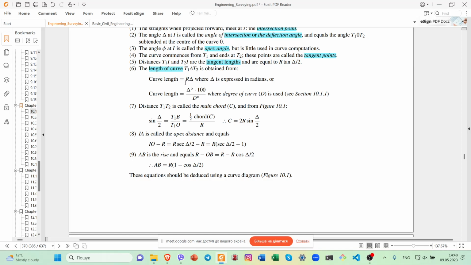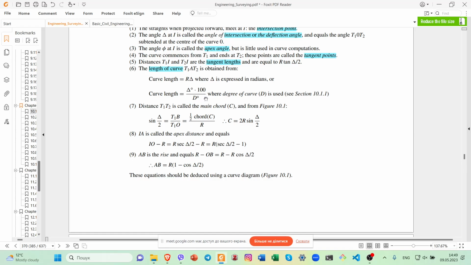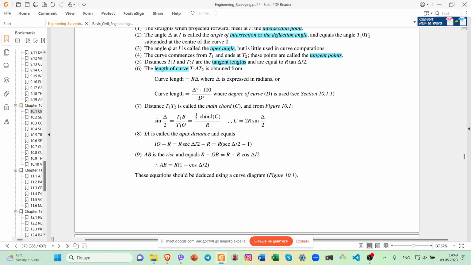Curve length is equal to R delta, where delta is expressed in radians, or curve length is delta in degrees times 100 divided by D. The letter D with a degree sign is the number of degrees in one radian. It's 57.3 degrees in one radian.